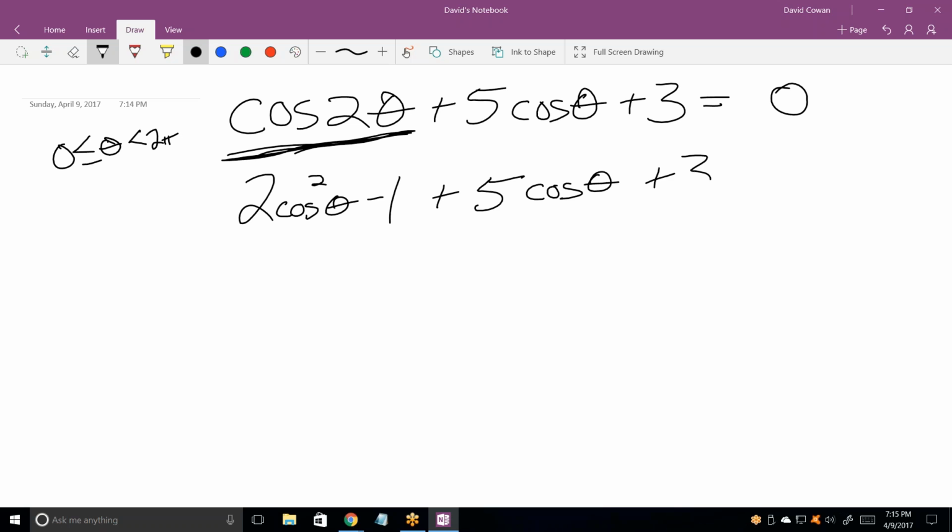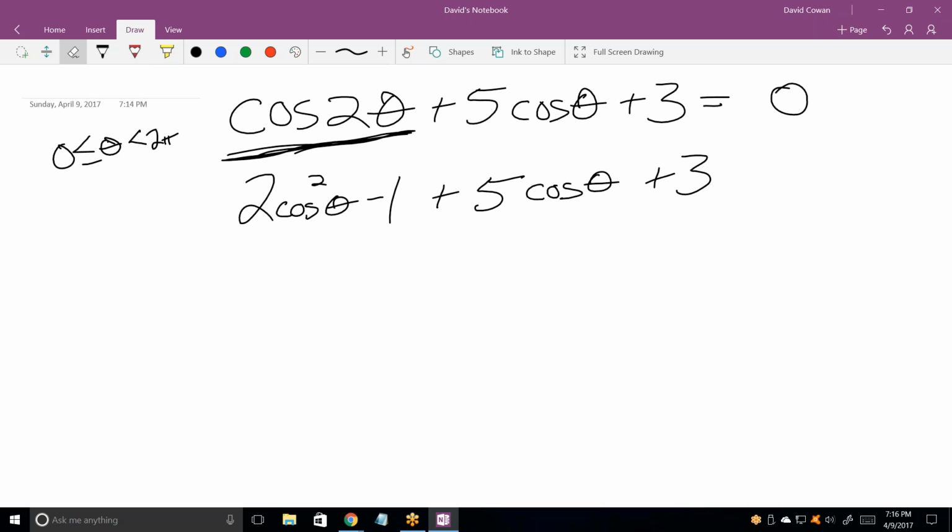In other words, had this been sine theta instead of cosine theta, the thing after the 5, then I wouldn't have used that identity. I would have used the one that had only sine squared in it. In other words, 1 minus 2 sine squared theta is the identity I would have used. So the one you use depends on the reason you need to use it.